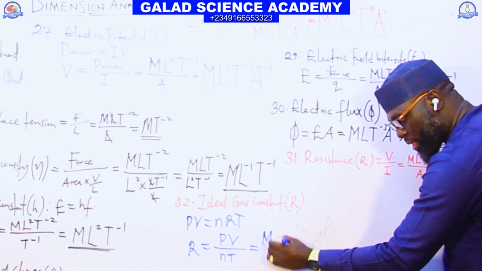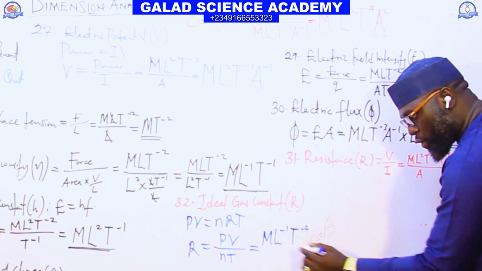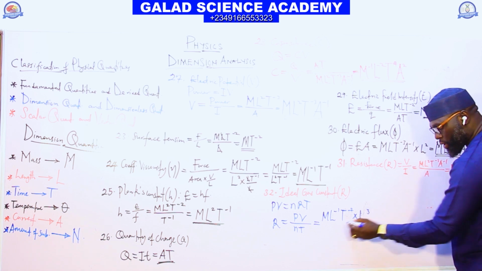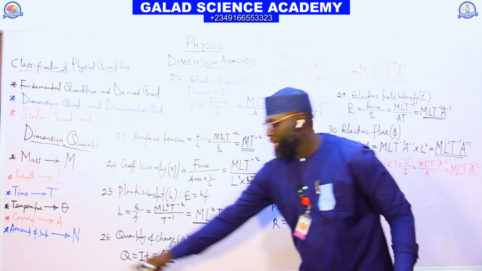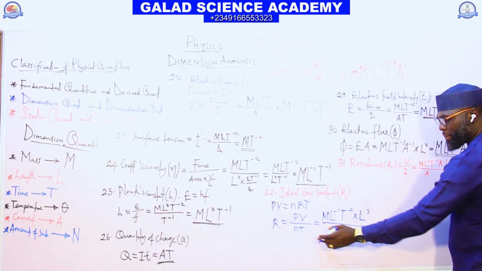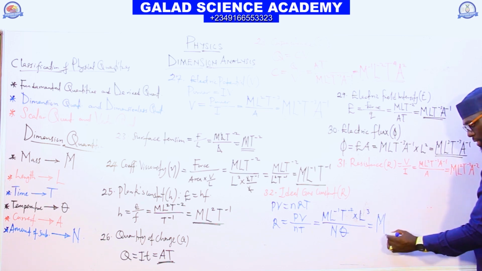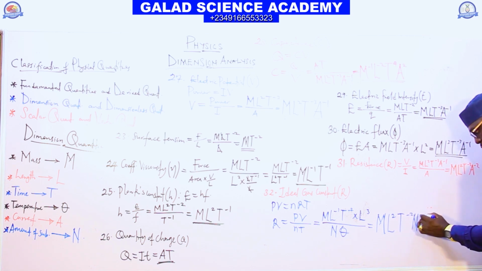Pressure is M L minus 1 T minus 2, but volume is L cubed. Dimension for amount of substance is N, and dimension for temperature is theta. So you now have M L square T minus 2, number of mole minus 1, theta minus 1.